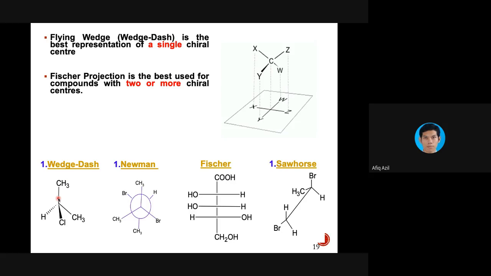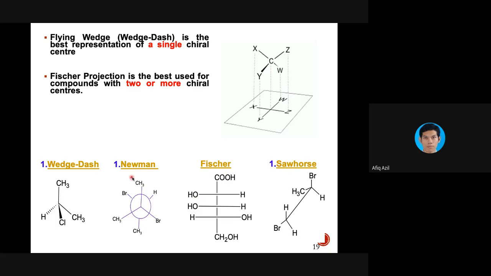Next week I will tell you how to draw all of this. Don't worry. Then Fischer, which is this one, is best to use when your compound contains more than 2 chiral centers. At least they must be 2 or 3 or 4. You can use this Fischer projection.